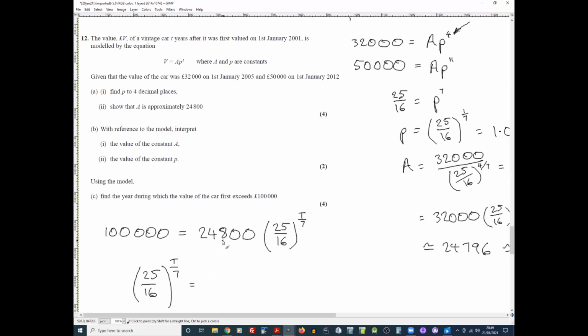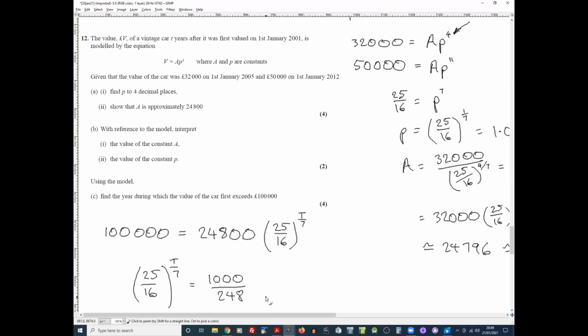Then we can log both sides. What have we got here? 100,000 over 24,800.